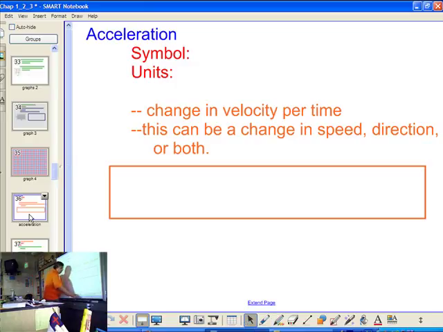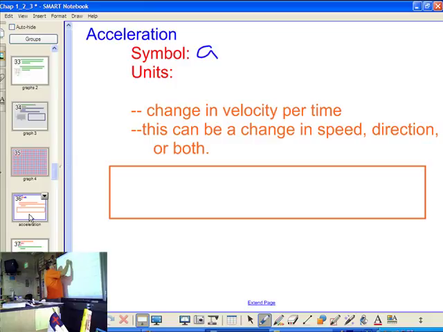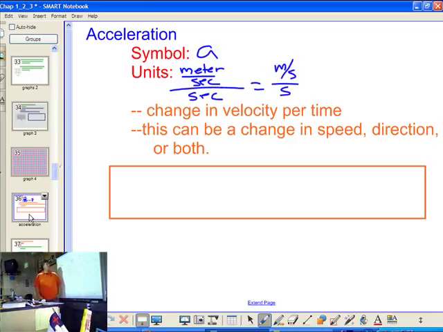So our symbol for this is a lowercase a mostly. Our unit is the meter per second, velocity per time, which we usually don't write that way. If we wrote it this way, it's kind of cumbersome.